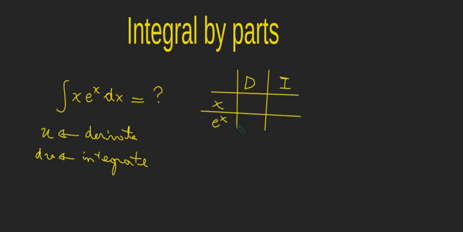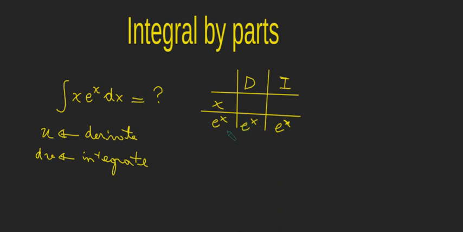Let's analyze the last one, the exponential. The derivative of the exponential is exponential. The integral of exponential is also the exponential function. So it does not matter if I choose to derivate or integrate the exponential, I will have the same result.